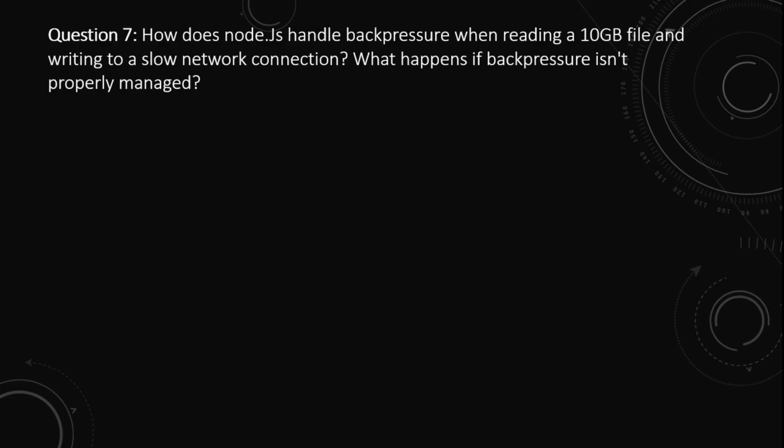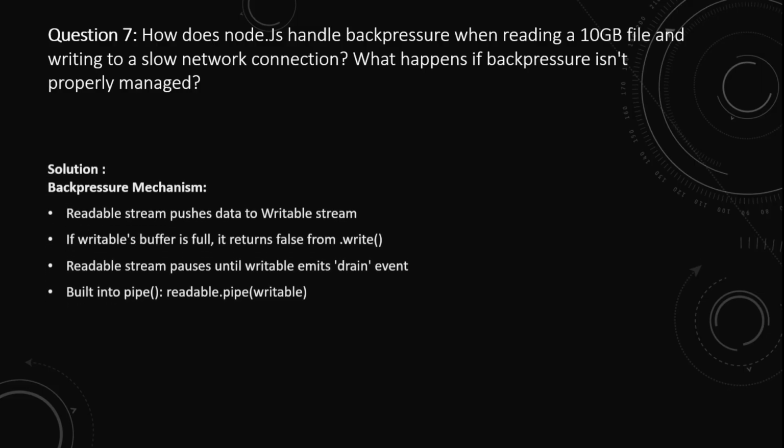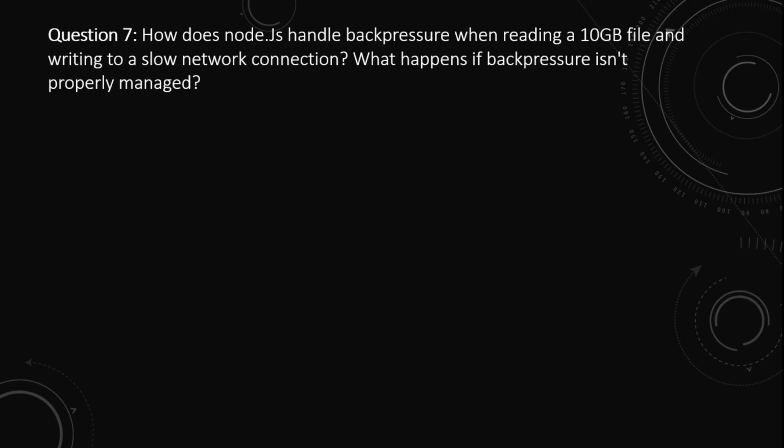So our next question is: how does Node.js handle back pressure when it reads a large file, for example a 10 GB file, and writes to a slow network connection along with it? And we also have to answer what happens if back pressure is not properly managed.